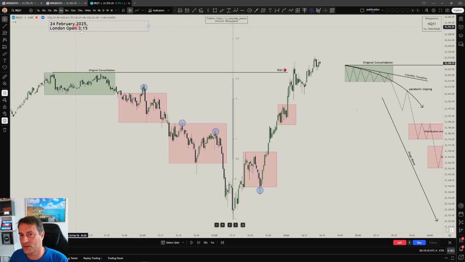So this was the 24th of February this year. It was after the London Open at 3:15, but it happens in the AM session. It happens all the time. As you can see, there is an original consolidation, and this one is the one with equal highs. Price tried to breach here, failed, and left liquidity, a lot of liquidity above here.